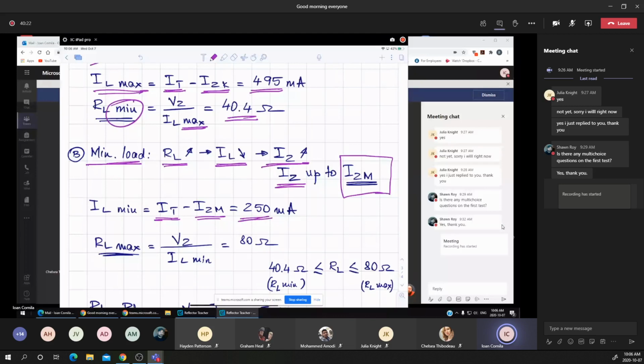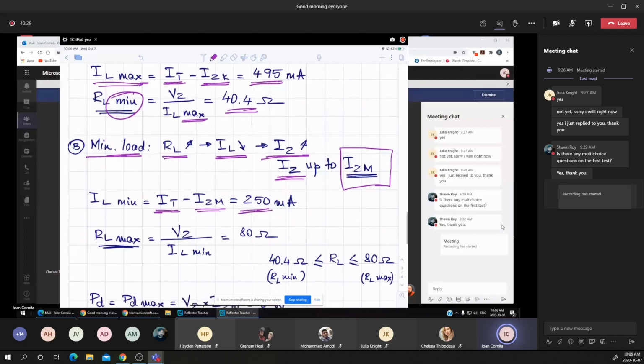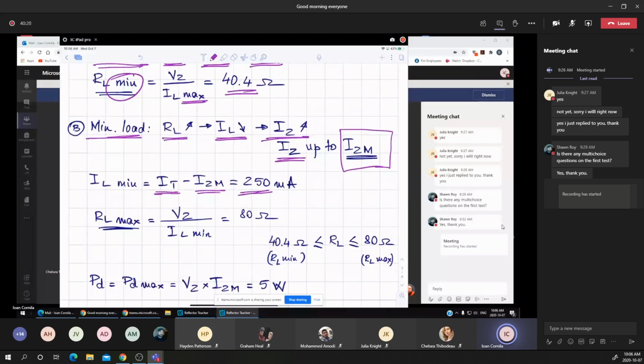What else do we know? If that's the IL minimum, I can determine the maximum load resistance. I'm using the minimum load current to determine the maximum load resistance, which is the VZ over the IL minimum, which is 80 ohms.